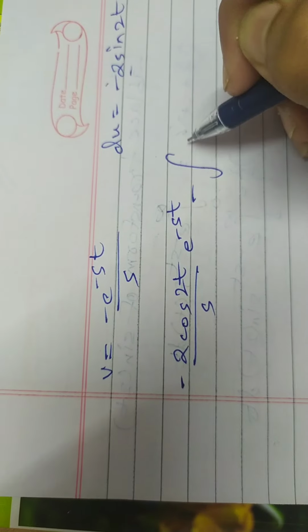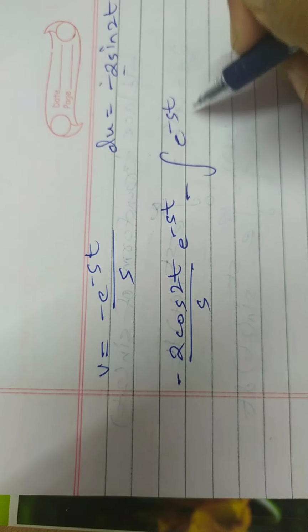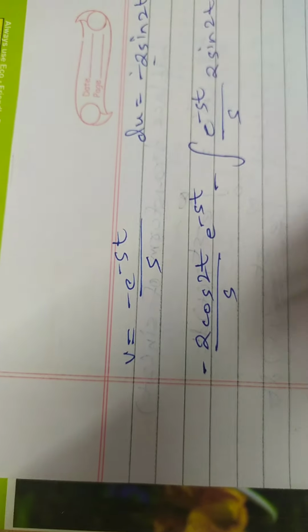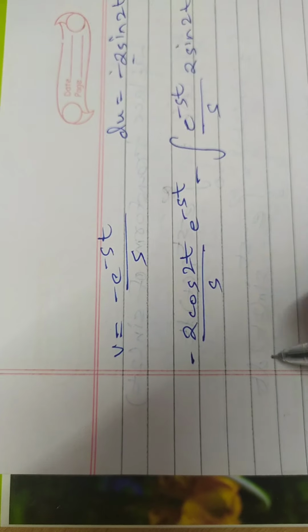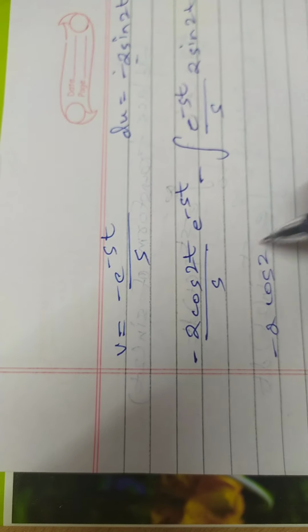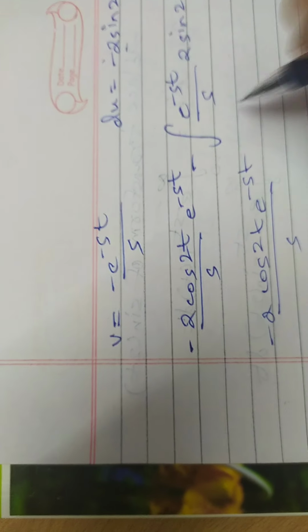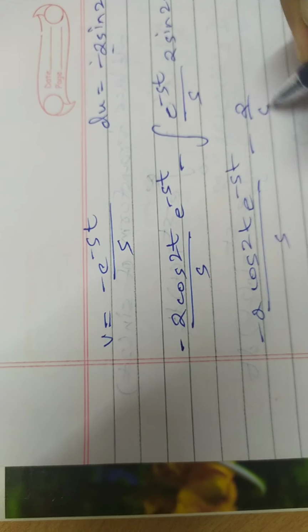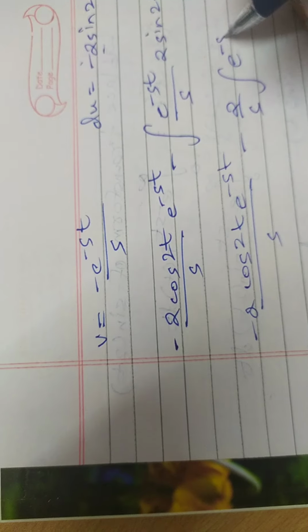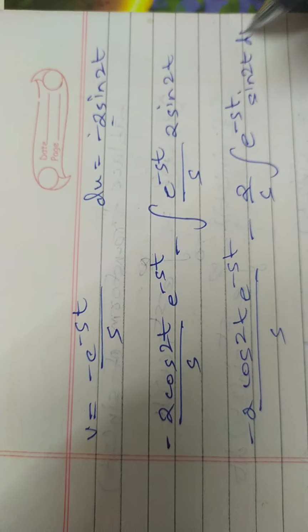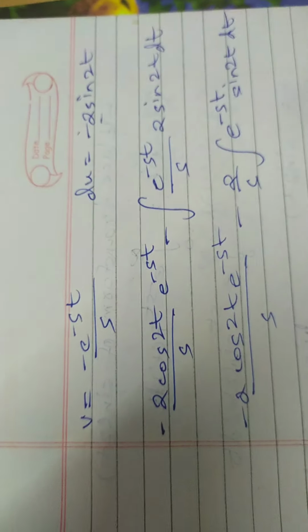Integral v du will be e power minus st by s times 2 sine 2t. I can write this as minus 2 cos 2t e power minus st by s minus 2 by s integral e power minus st sine 2t dt. Sorry, dt here as well.